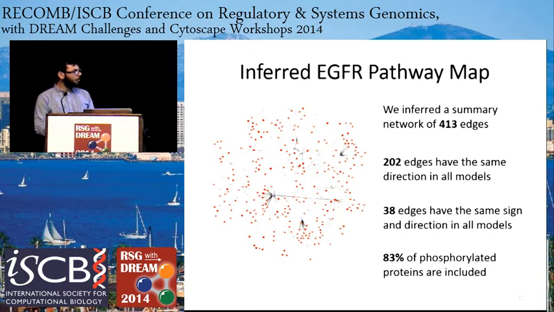Similarly, we could assign a unique direction and sign to around 40 of these edges in the whole space of models. And our final summary network contains 83% of the phosphorylation activity that we have from our input data set.